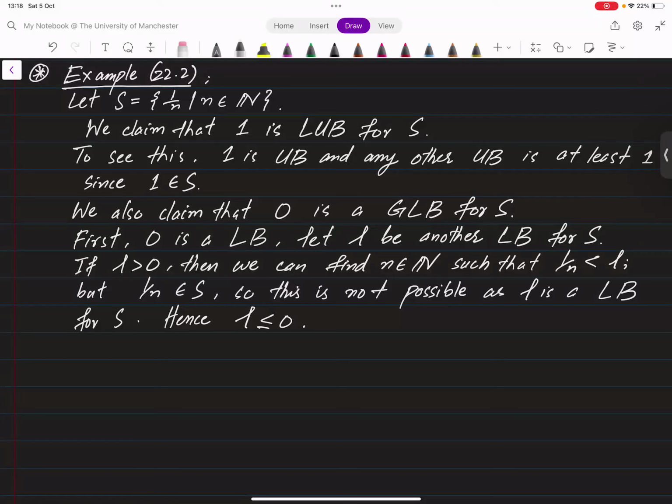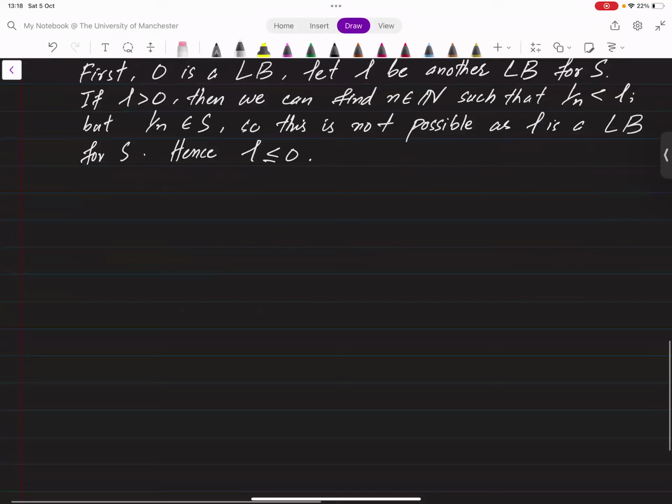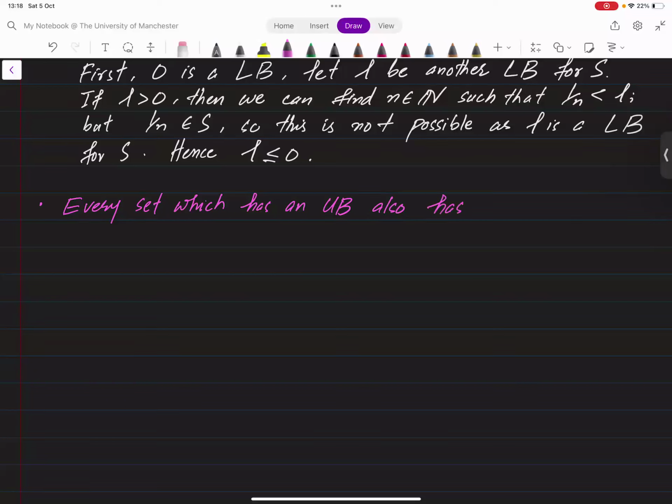It is known as the completeness axiom for R. Now we will just state that every set which has an upper bound also has a least upper bound. Okay.